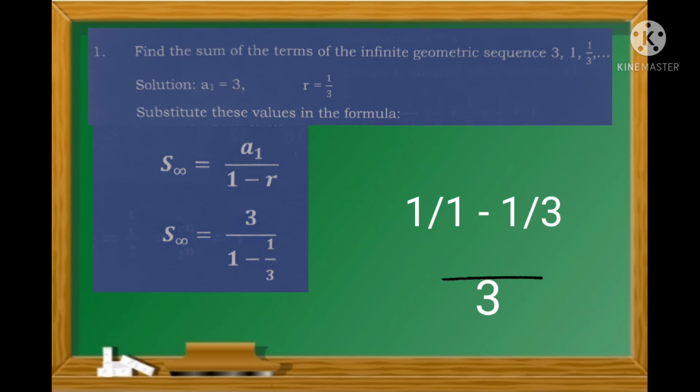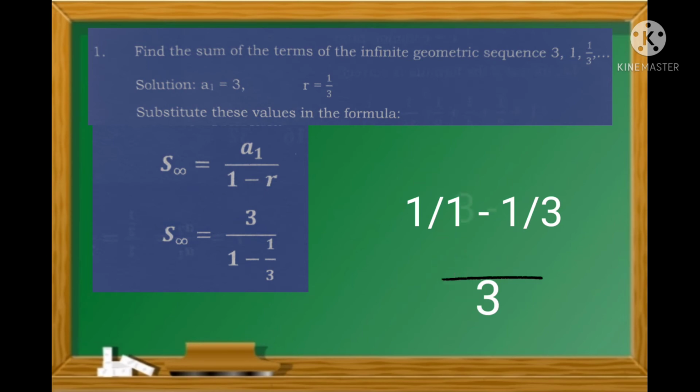What is now the use of this LCD? The LCD will be divided by each denominator in the fractions and the quotient will be multiplied to each numerator. How? So 3 divided by 1 is 3 times 1.